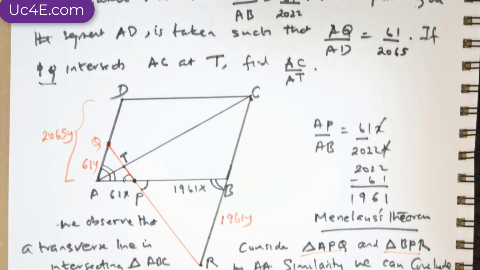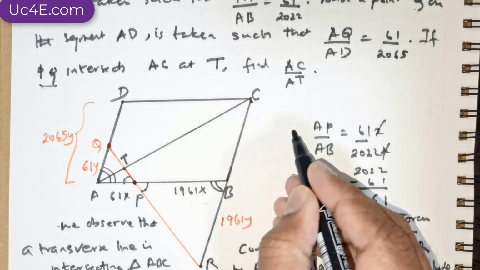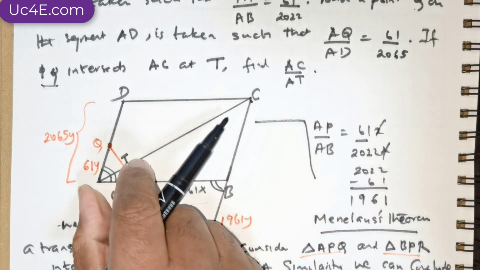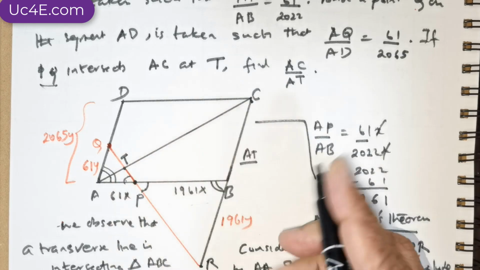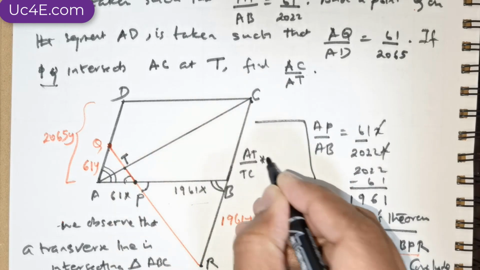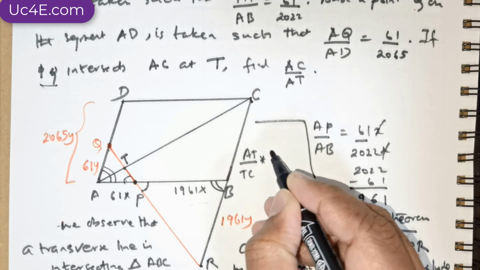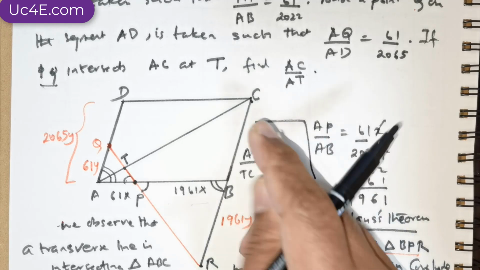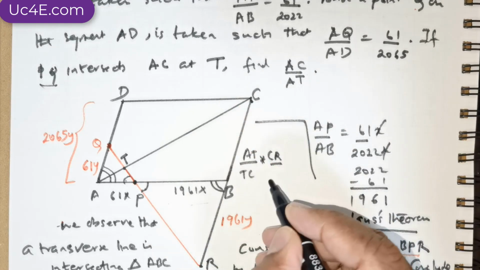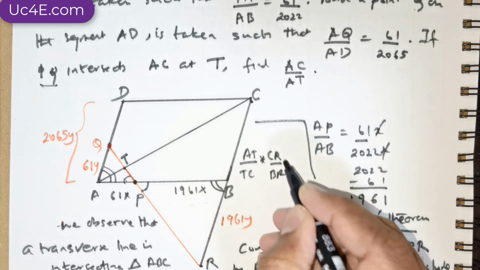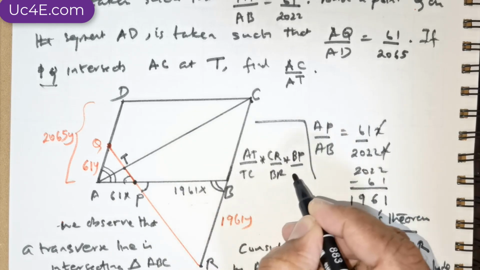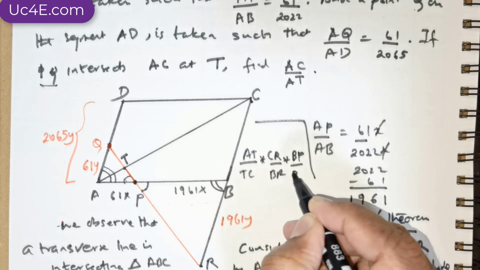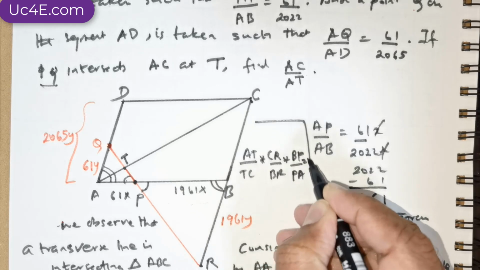So this is going to be, let me write that down here, AT divided by TC multiplied with CR divided by BR times BP divided by AP, or PA, is equal to 1.